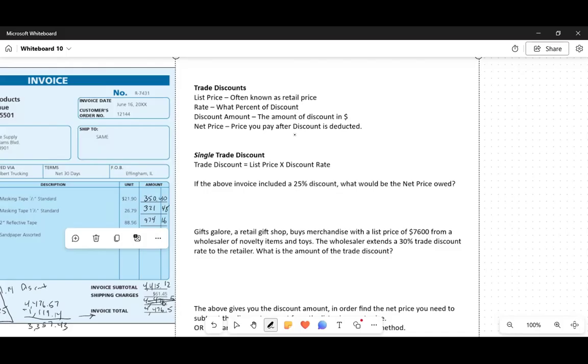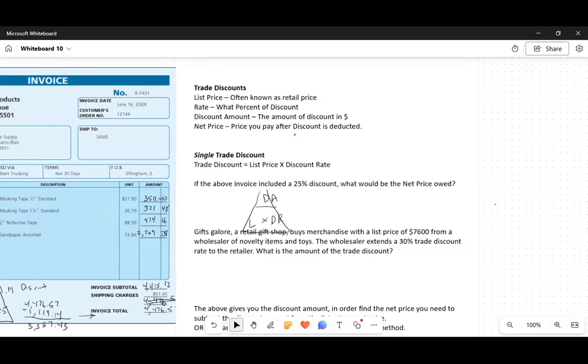Now, this is the same problem that I just did. I took the triangular formula that we've been using, and I put the list price here. I multiplied it by the discount rate, which I'll call DR, and that gave me my discount amount, DA. This is very similar to the formula that we used for percentages, because the discount amount is a portion of the list price based on the discount rate. It's the same thing as base times rate equals portion.